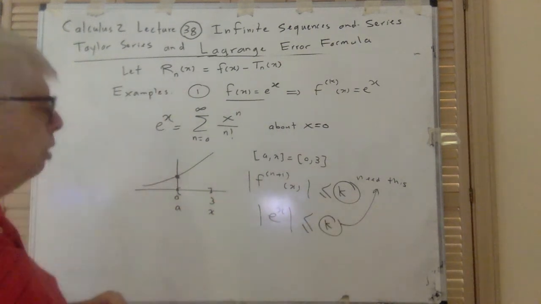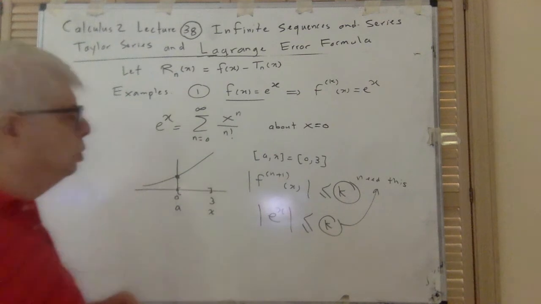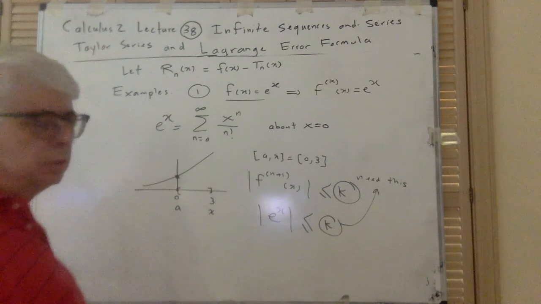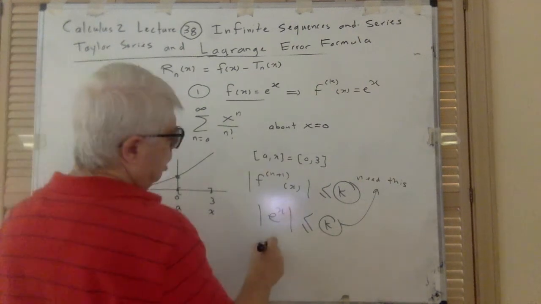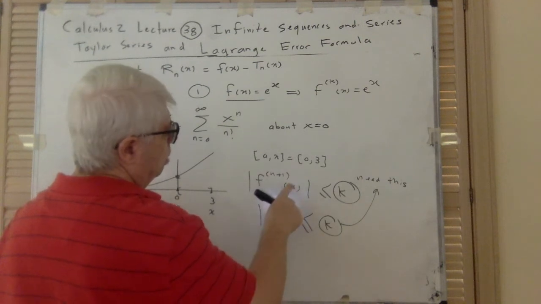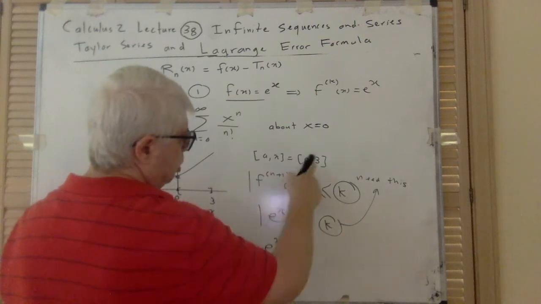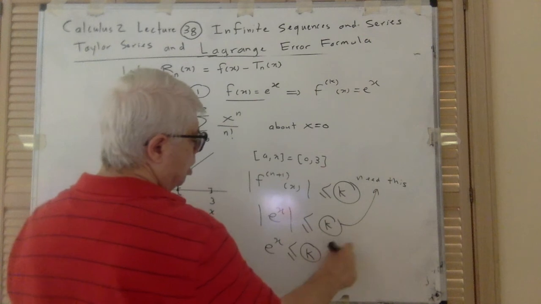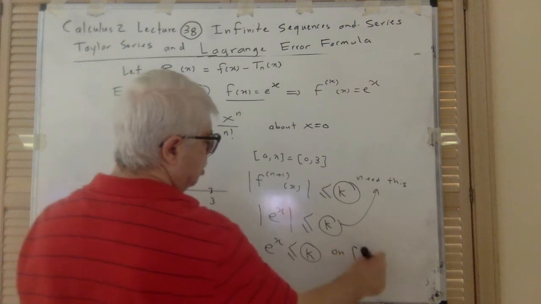Well, e to the power x from 0 to 3 is a positive number, so I don't need the absolute value. So this is what I need: e to the power t, that's okay because this is not x anymore, less than or equal to k on 0, 3.